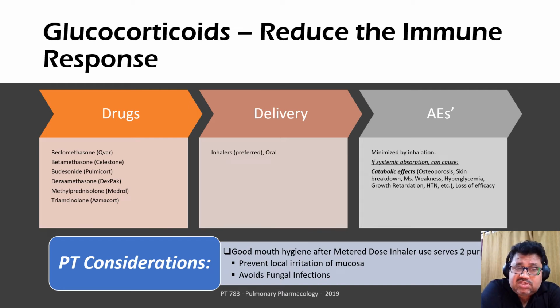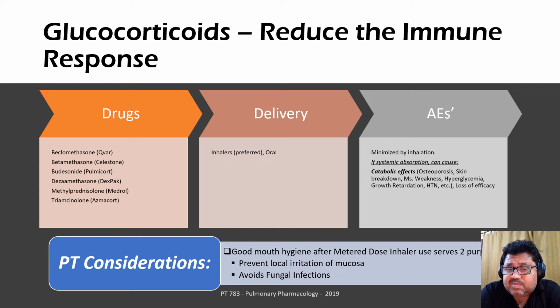The drugs of the glucocorticoid variety are beclomethasone, betamethasone, budesonide, methylprednisolone, among others. These drugs are delivered by inhalers or by the oral route.